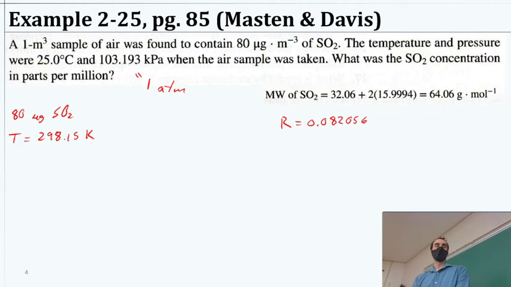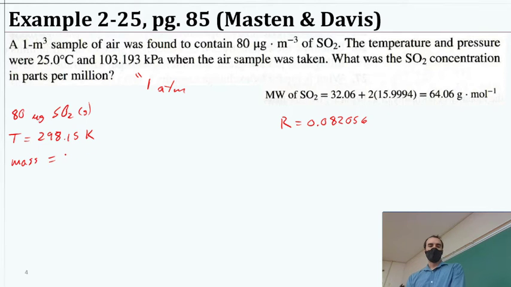So I wanted to know how many moles of this gas, we're assuming this is a gas here, do we have? And so I said, well, the mass you can convert from micrograms to just grams by dividing by 1 million.